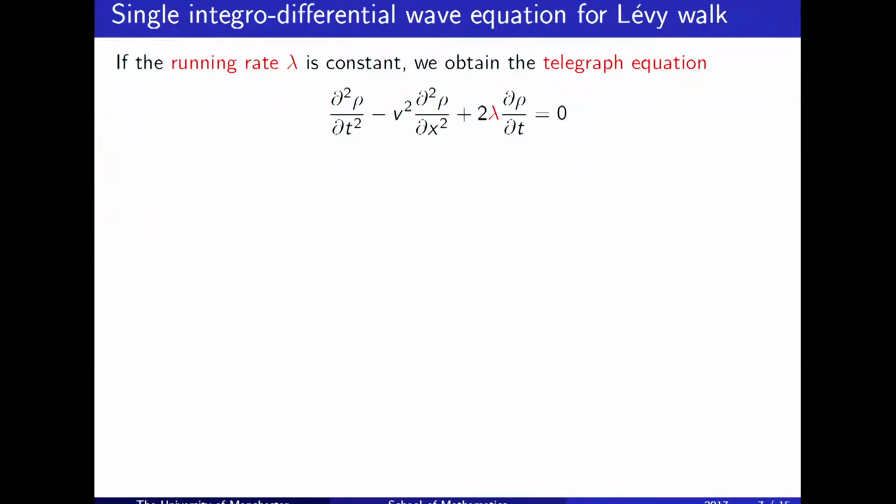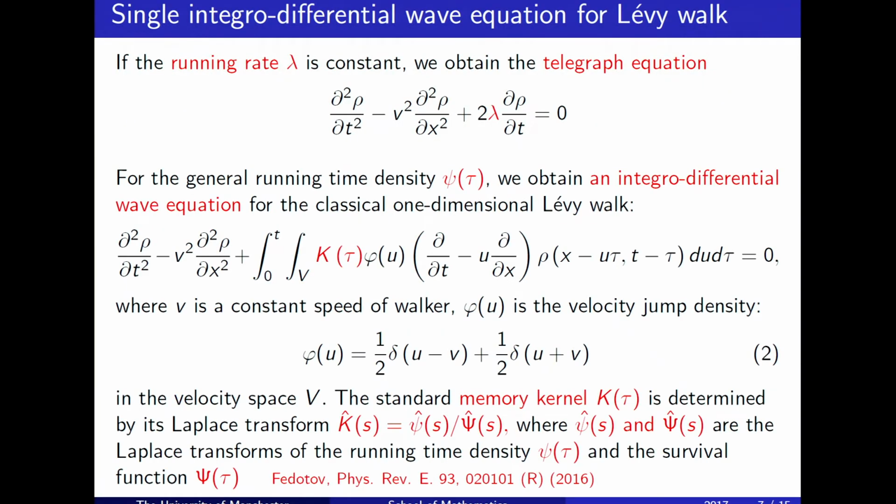I'm not going to give you technical details. I'll just give you the final equation because I don't have time. So the equation looks like this. Of course, we still have the standard wave operator because we have a finite speed of propagation.